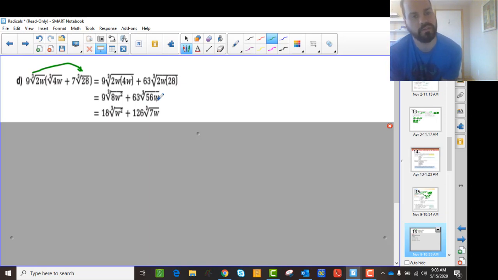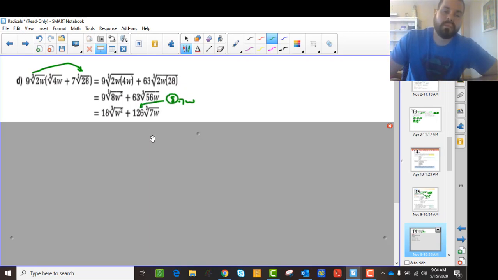So then we take the 2 out, the cube root of 8 being 2, and that's where we get that 126. Okay, it's 63 times 2. And what's left, 56 is 8 times 7. If you want to write that there, because it doesn't really indicate what we're doing, we're writing it as 8 times 7w. And then the cube root of 8 is 2, so it's coming out front. Okay, so that's the idea.